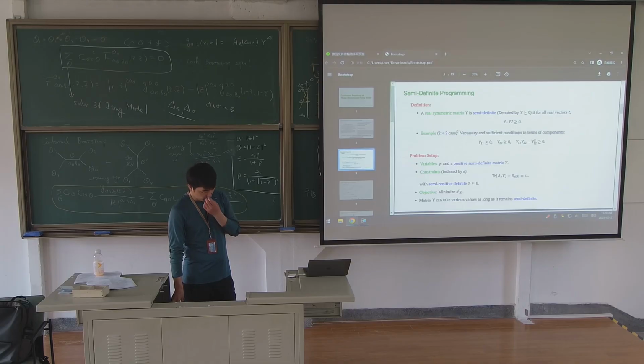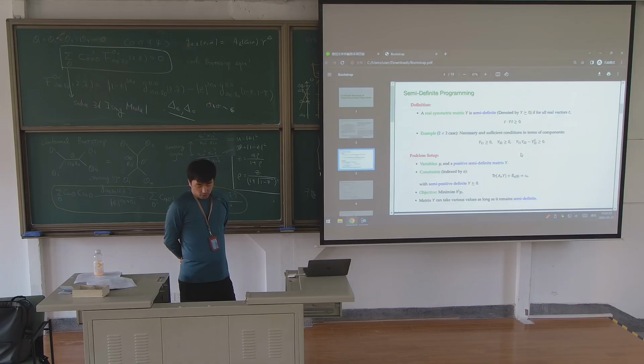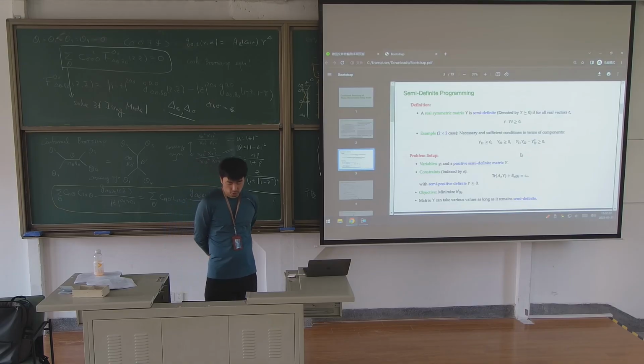In the case of a 2x2 matrix, the necessary and sufficient condition for semi-definiteness is that Y11 and Y22 are non-negative, and the determinant is positive. Okay, so that's the necessary and sufficient condition for semi-definiteness for a 2x2 matrix.